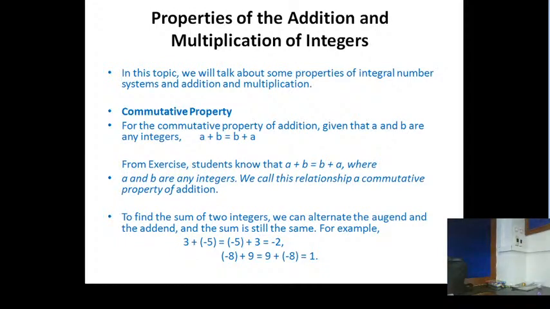This one we have done already. That we have a plus b equals b plus a, right? Let's say this is the example, 3 plus minus 5 or minus 5 plus 3, it is the same, right? This one we did in the last class.